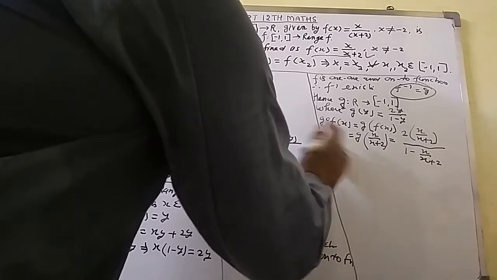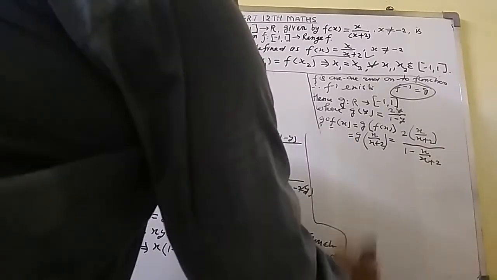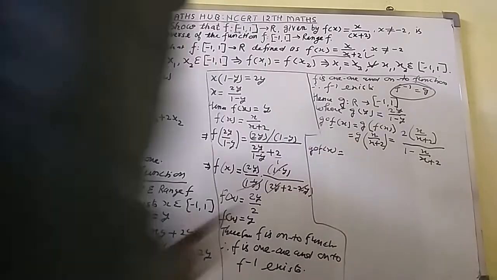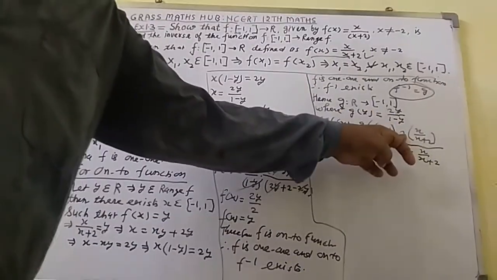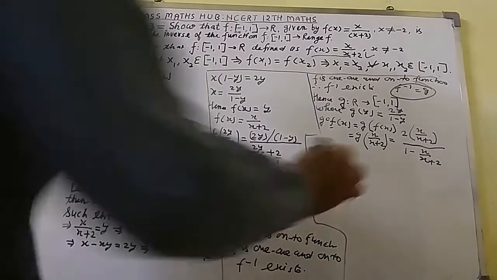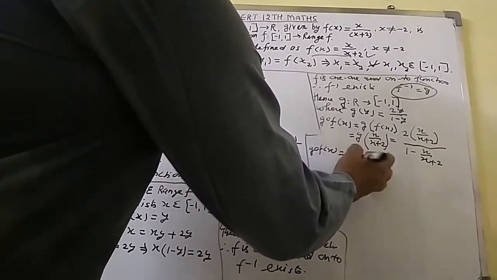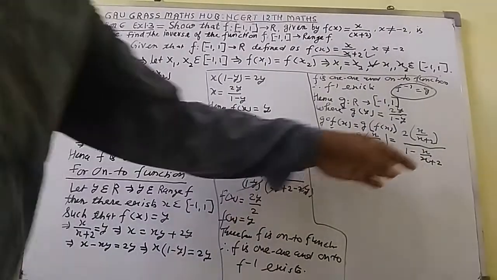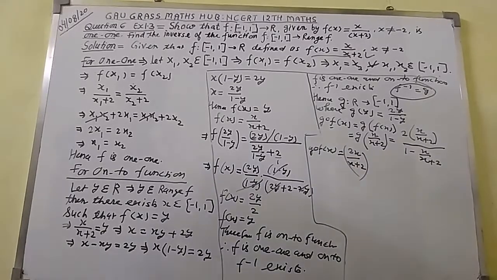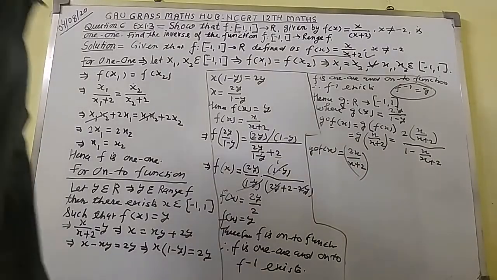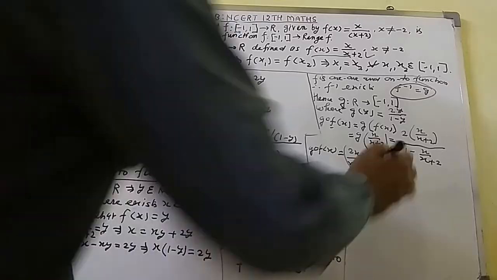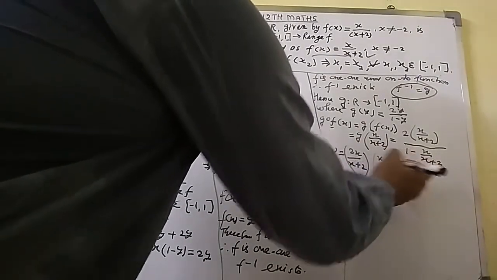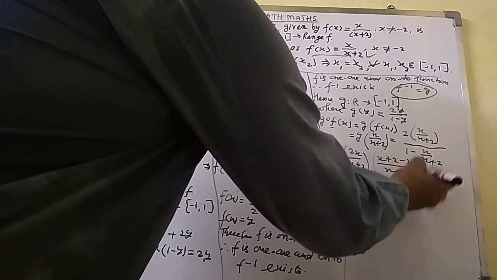So now you have got g o f x equal to, here this 2 will multiply with x, so we will get 2x over x plus 2 in one bracket. In another bracket you will get x plus 2 minus x, whole over x plus 2.